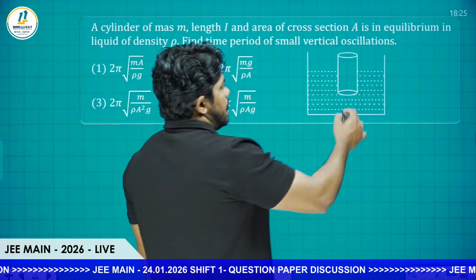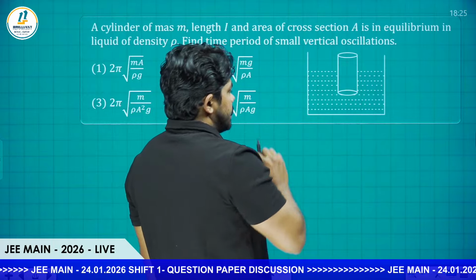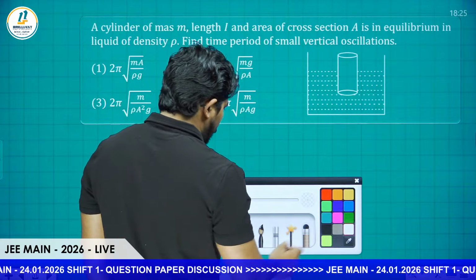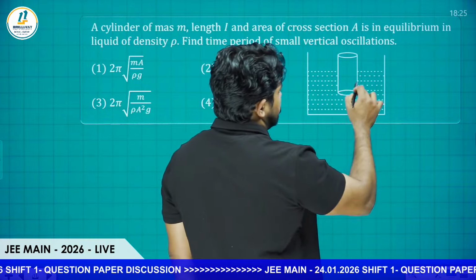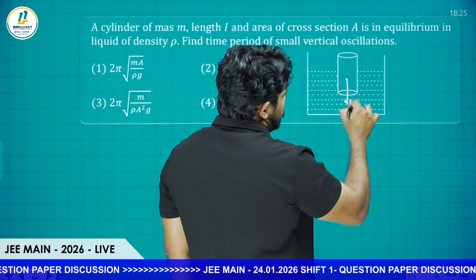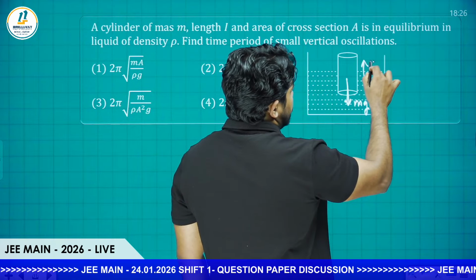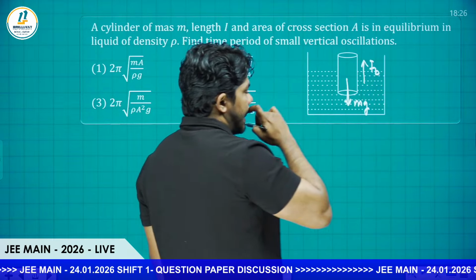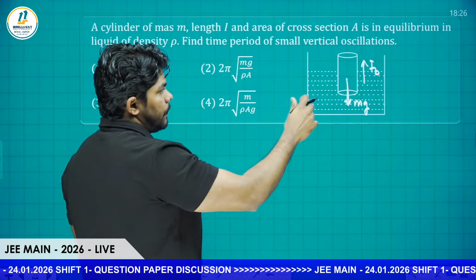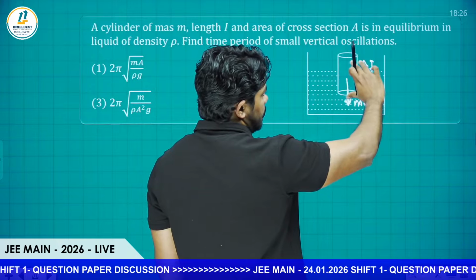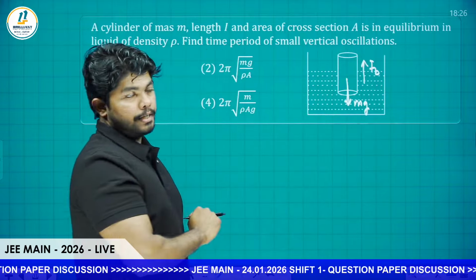So the idea is, suppose the cylinder is at rest, then what will happen? The weight of the cylinder, that will be mg, and the buoyant force will be acting, and they will act in such a way that the cylinder will be in equilibrium, it is not oscillating.